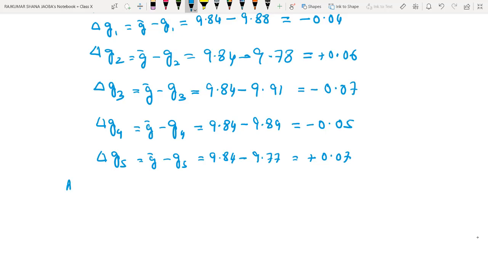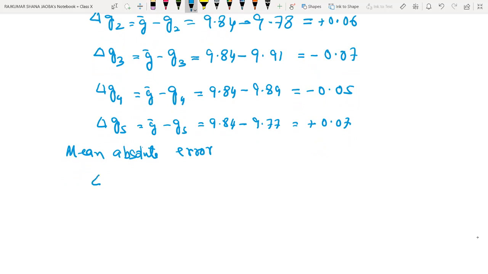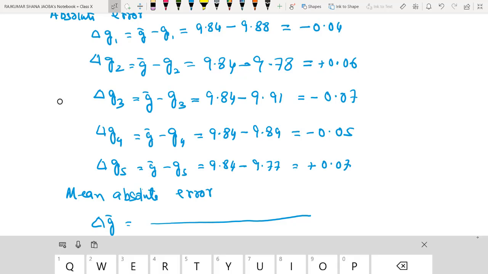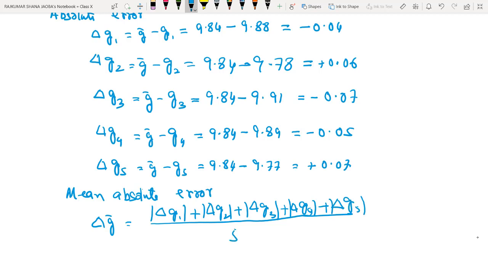Now the mean absolute error is delta G bar equal to delta G1 plus delta G2 plus delta G3 plus delta G4 plus delta G5, divided by 5.